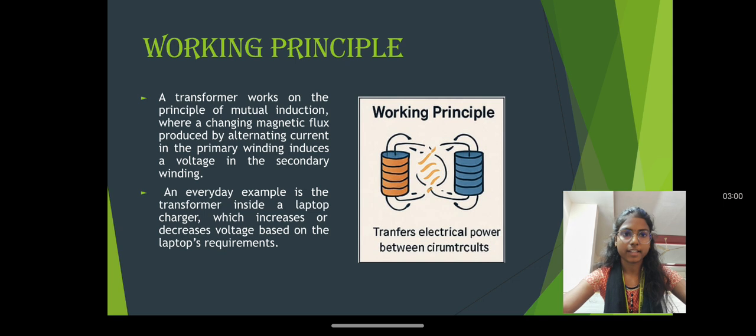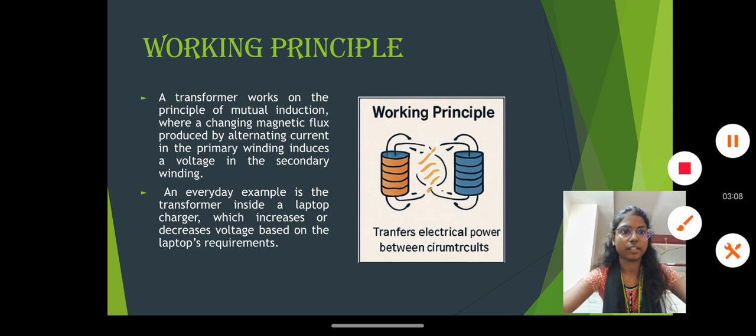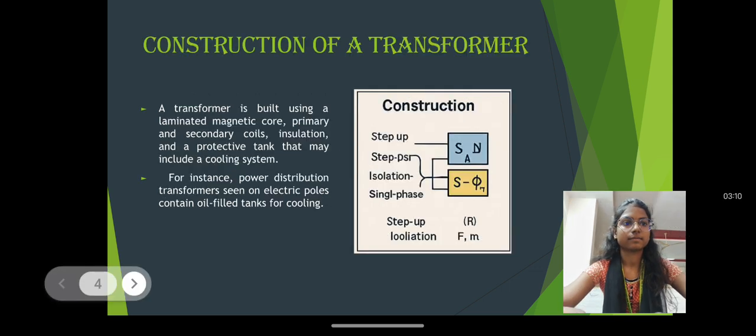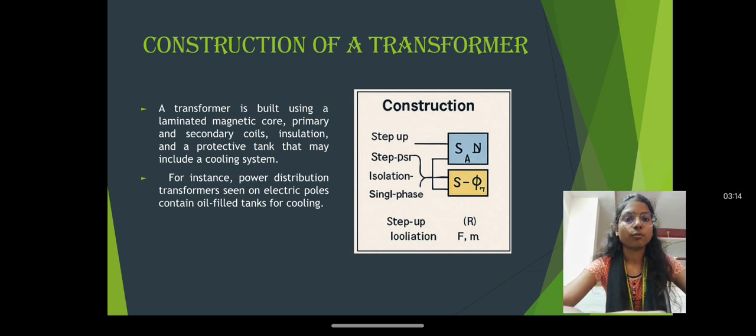An everyday example is a transformer inside a laptop charger, which increases or decreases voltage based on the laptop's requirement. For instance, power distribution transformers seen on electric poles contain oil-filled tanks for cooling.